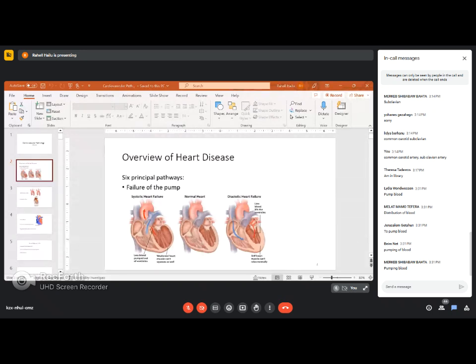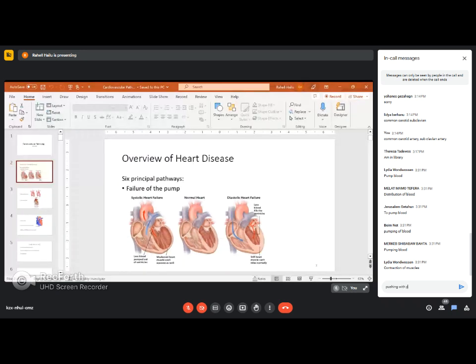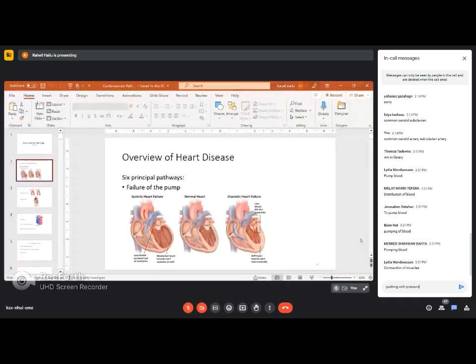So a pump failure. And what's the pump, really? When you say pump, what functions are you talking about?